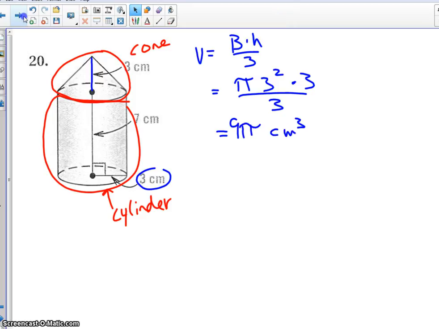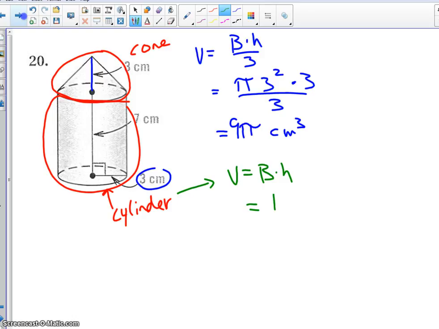Now if we go down to the cylinder part, as we talked about yesterday, that's just the area of the base times the height, no dividing by 3. We basically just did that: the base is pi r squared, and the radius was 3. Our height here is 7.